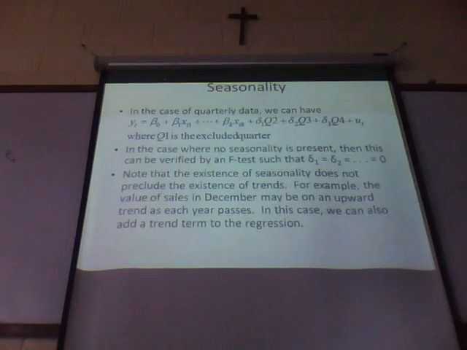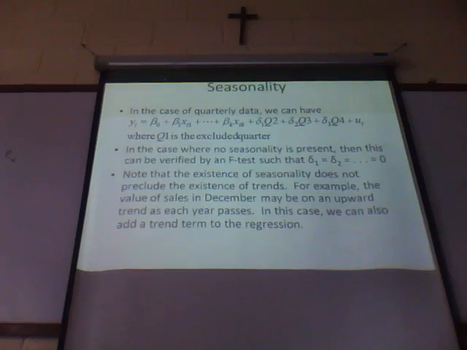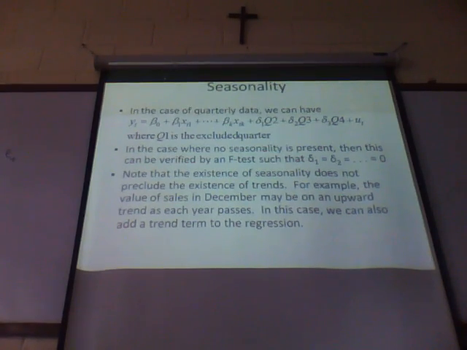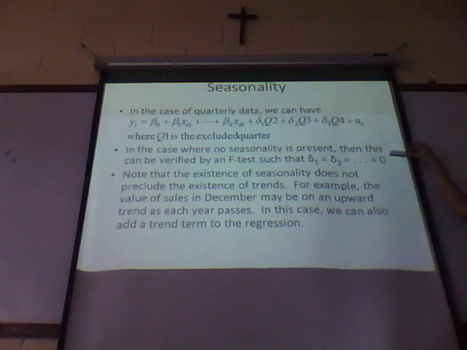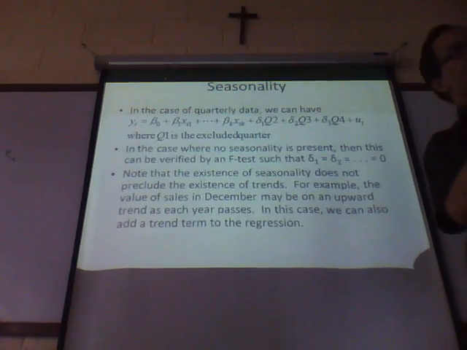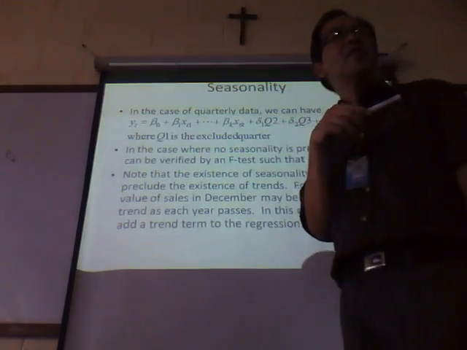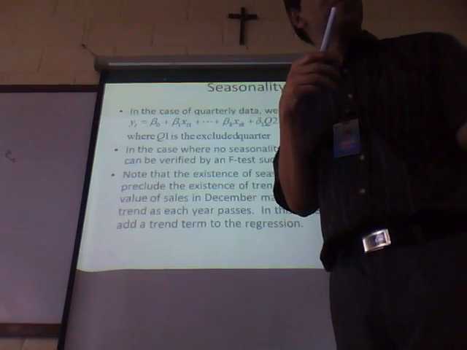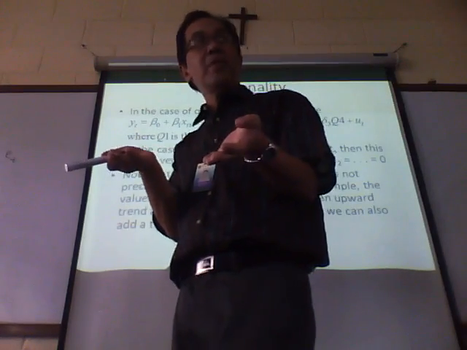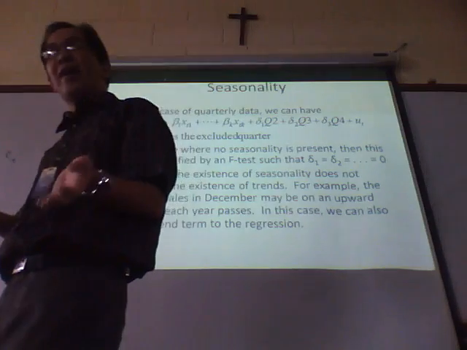Okay, now let's read the second bullet point. In the case where no seasonality is present, then this can be verified by an F-test, such that delta 1, delta 2, etc. are 0. Okay, now, what this number 2 point is saying is that just because your data is monthly or quarterly, don't always jump to the conclusion that your variables have seasonal effects. No?